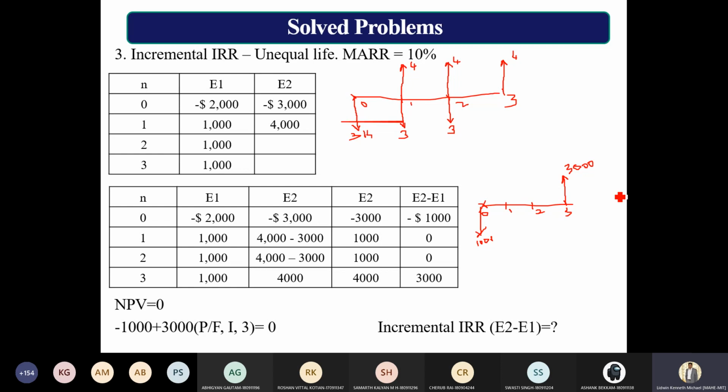So I discussed the numerical, how it has to be taken, what are the things that has to be done. Main confusion is in this part, how this arrives actually, right? So I have clarified over here with the help of the cash flow. I have shown the new cash flows. I have compared E2 minus E1. Now I need the answer for incremental IRR. Equation is written. Only thing you need to find out which is better. E2 is better or E1 is better.